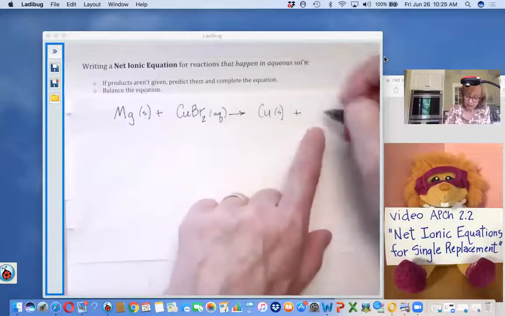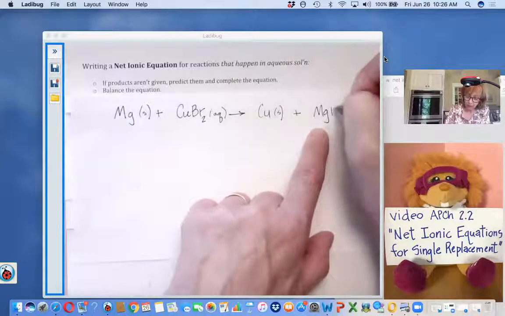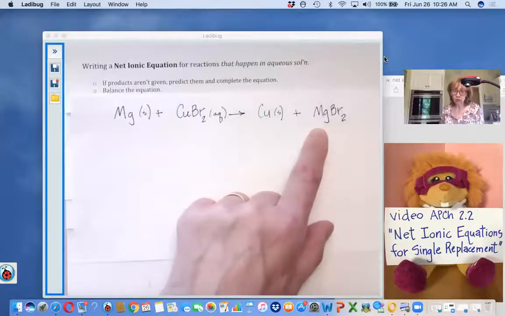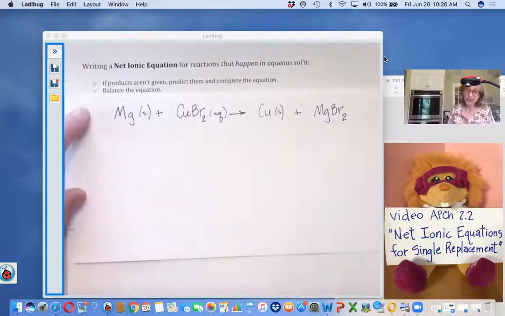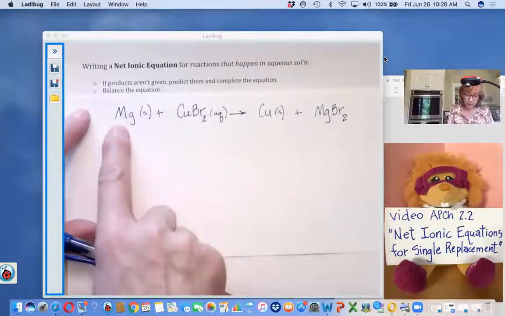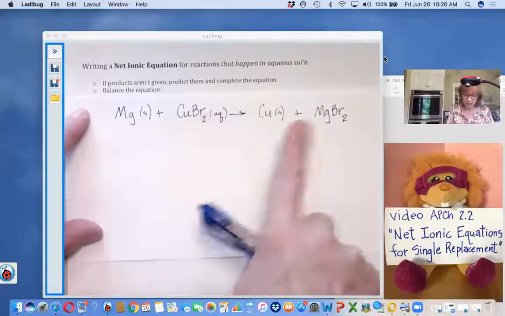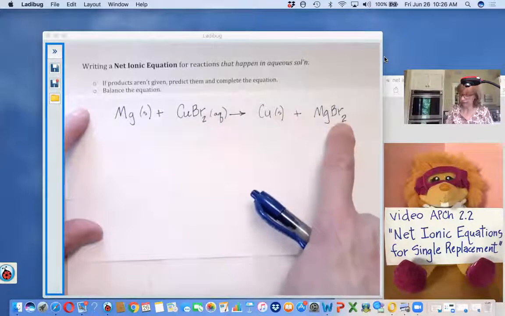So my product is going to be magnesium, which is 2+, and bromide, which is 1-, and that results in this compound. All right, you learned how to do that in first year chem. The next step would be, of course, to balance this equation, and this one is easy because it's already balanced.